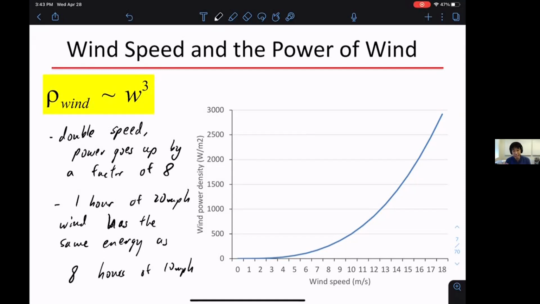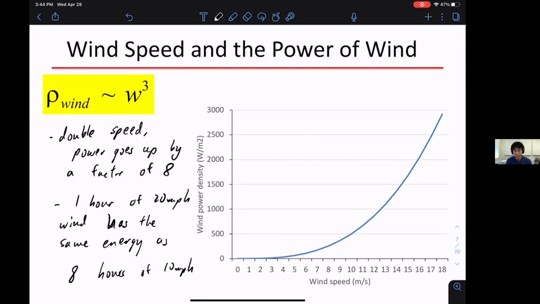So from an energy perspective, the power density perspective, speed is much more important than whether you have a steady stream of wind or not. You really care about what is a fast speed of wind you can capture. If you go to a place where you can double the speed, you only need to operate 1/8 of the time to recover the same amount of energy.